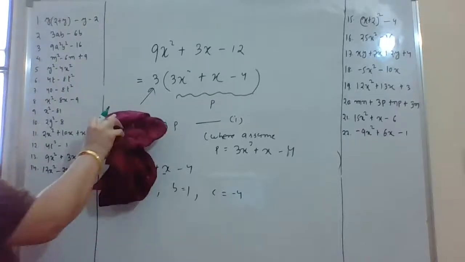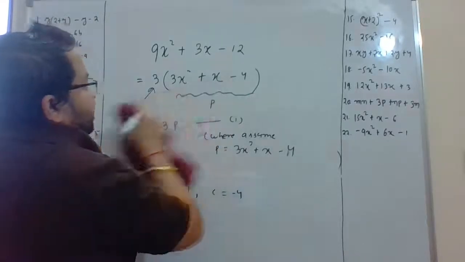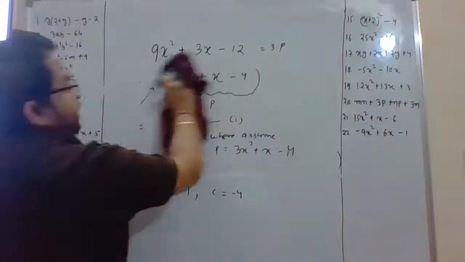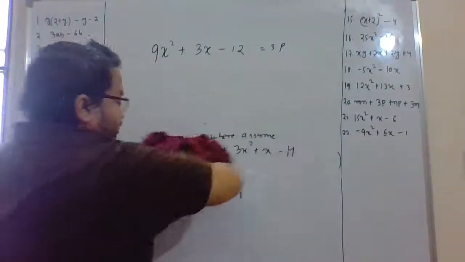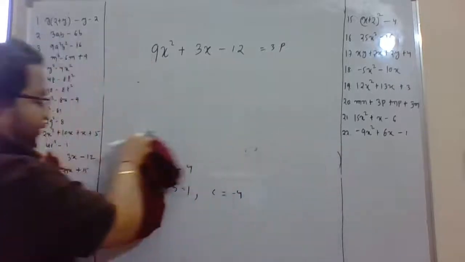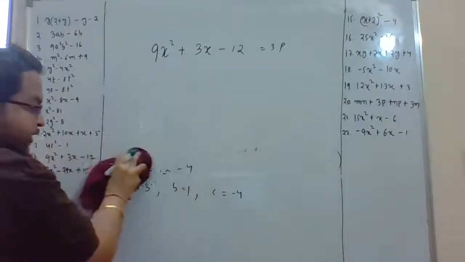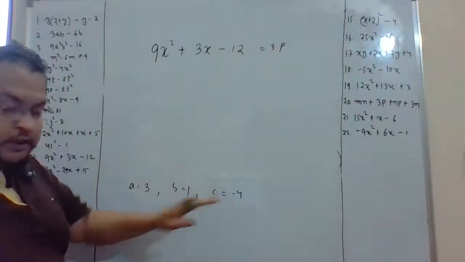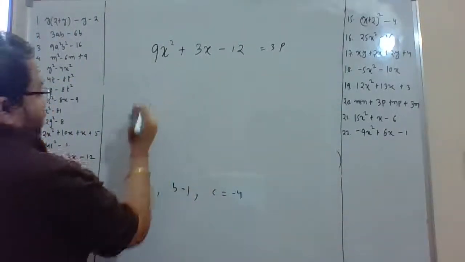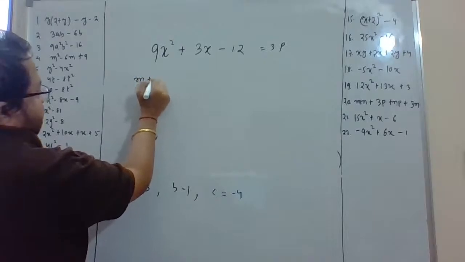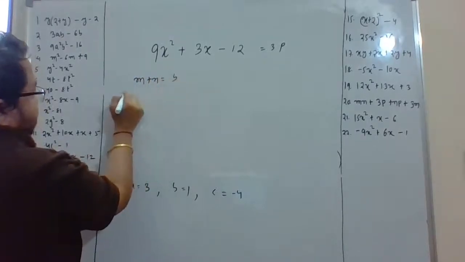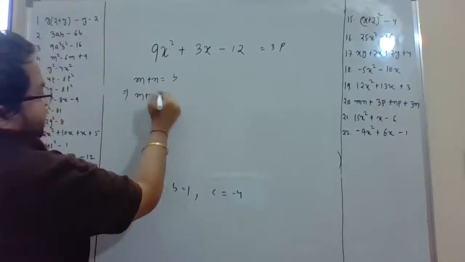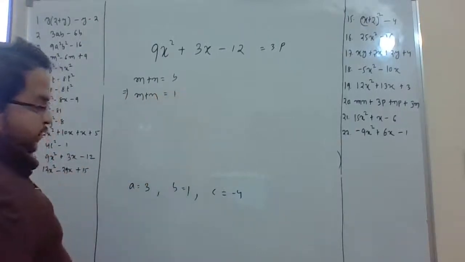Here let me write it. This is nothing but 3 into p. I'll use it later. So a equals 3, b equals 1, c equals minus 4. So I can write m plus n equals b, that is m plus n equals plus 1.